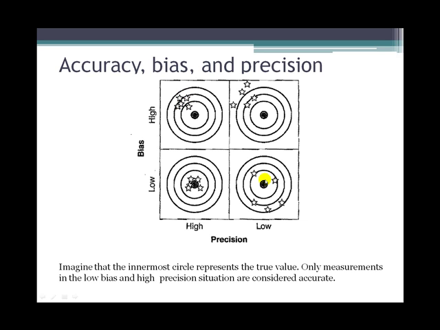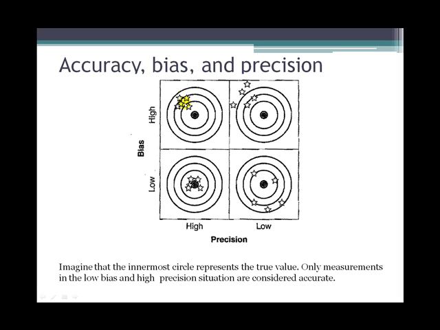These others are centered in the right place, that's a good thing, but they're spread out. So what we want is both: centered in the right place and close together. These over here have both problems. They're spread out and centered at the wrong place. When they're spread out, we say they have a lack of precision. When they're centered in the wrong place, we say they have bias.